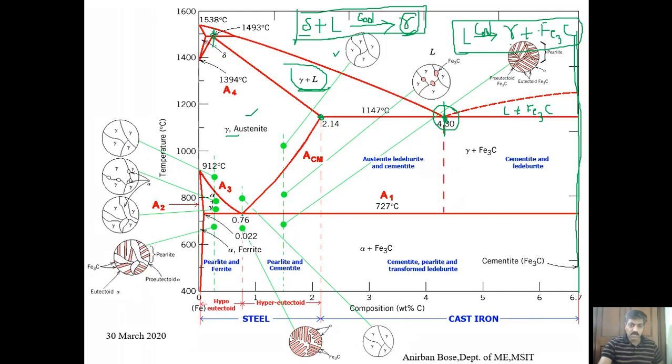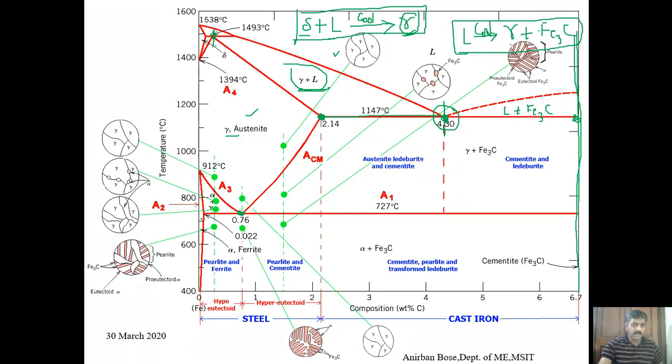Now you come to this particular position. Here you have to remember the temperature is 1147 degrees centigrade, this composition 4.3, this composition 2.14, and this composition 6.7%. Now come to this point, where this one is austenite.